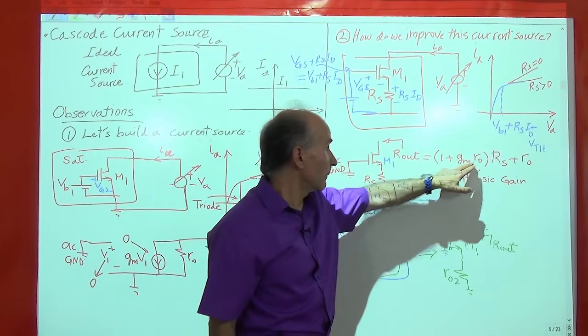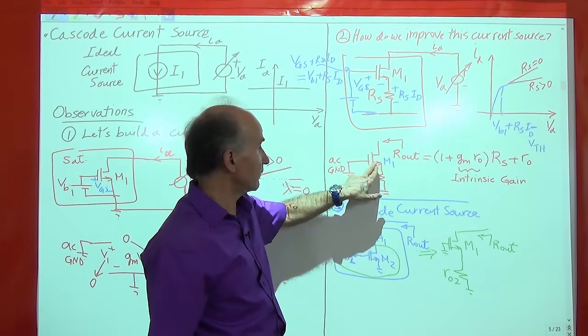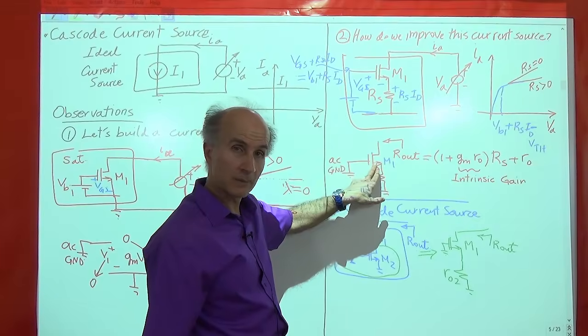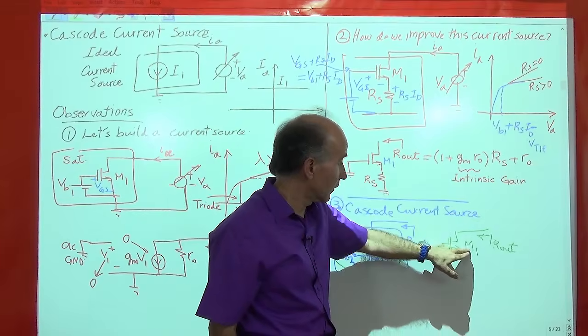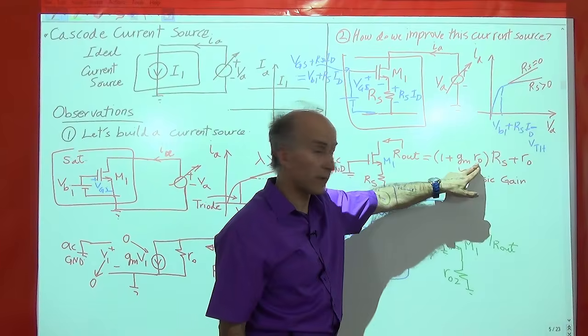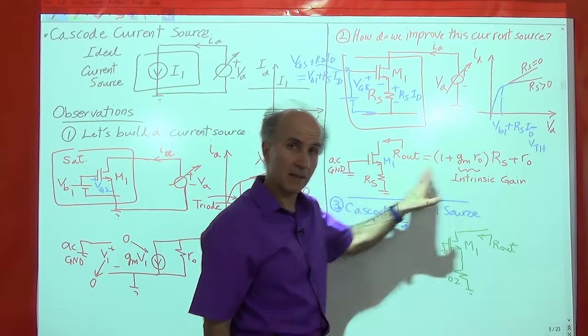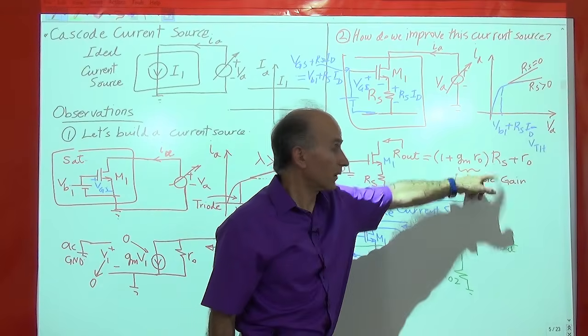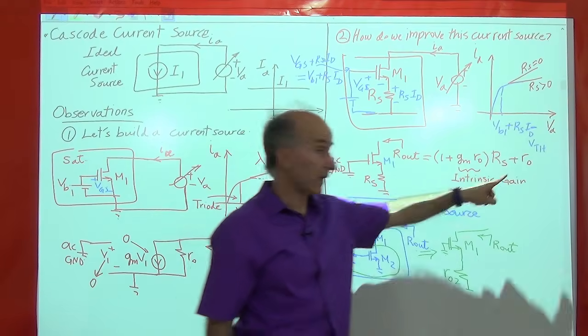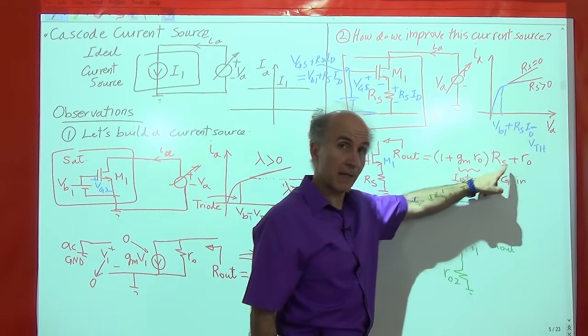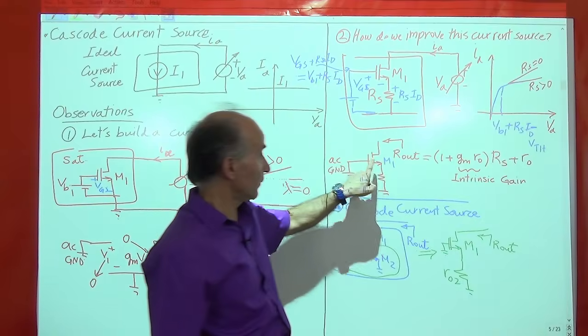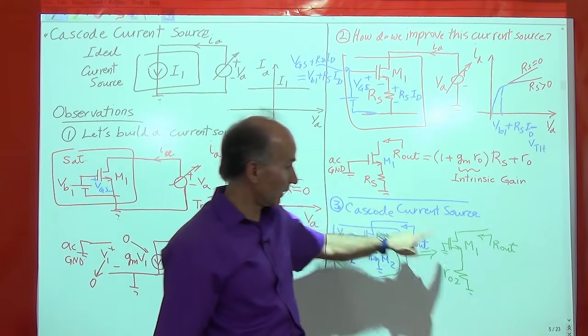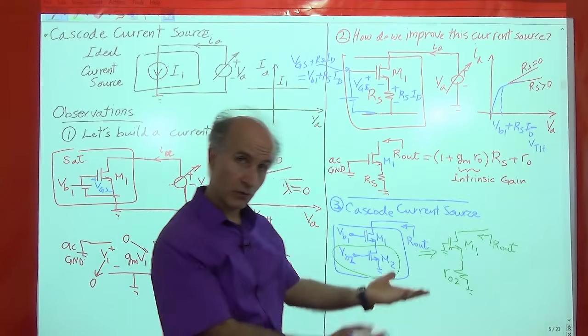So GMRO was GMRO of this transistor, which is called M1. So this would be GM1RO1. RS here has become RO2. So this has to become RO2. And this RO is the same as this RO, which belongs to this transistor. So that should be RO1. So I'm going to just write it out.